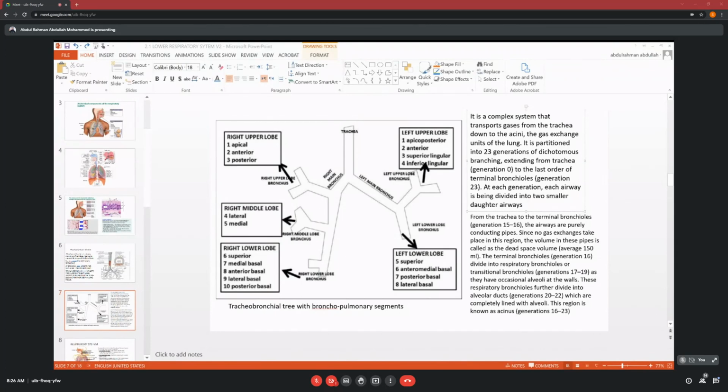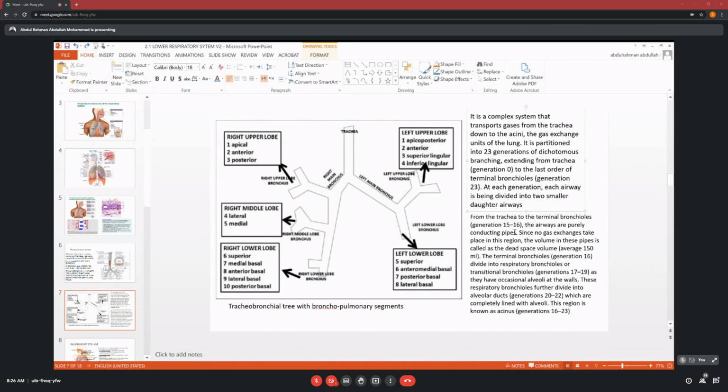It is just explaining that they divide in a particular manner to make the shape and distribution of the bronchial system, extending from the trachea downward to the bronchioles.